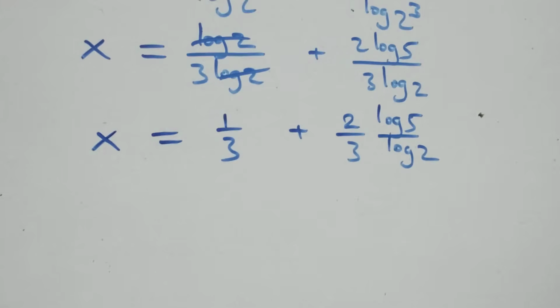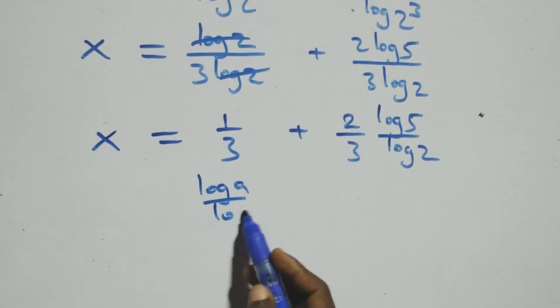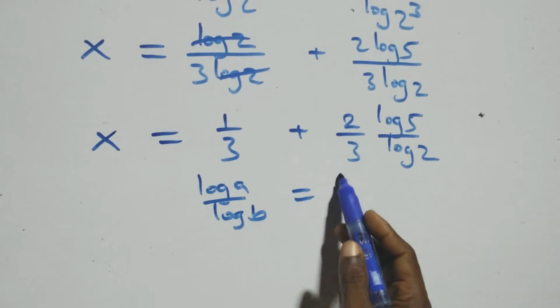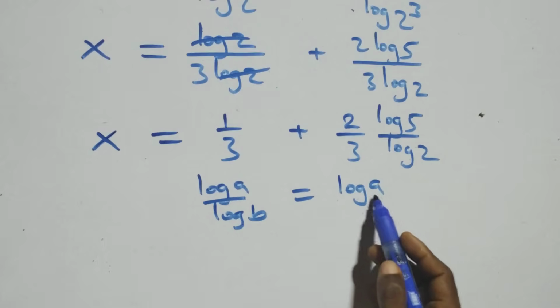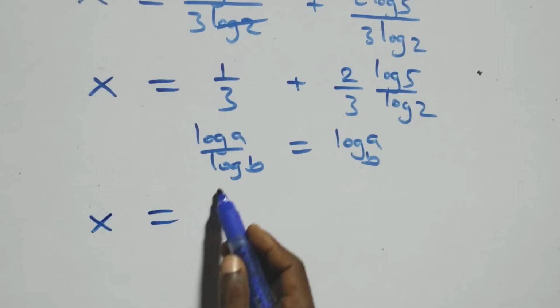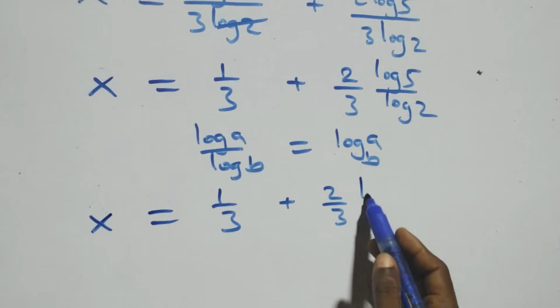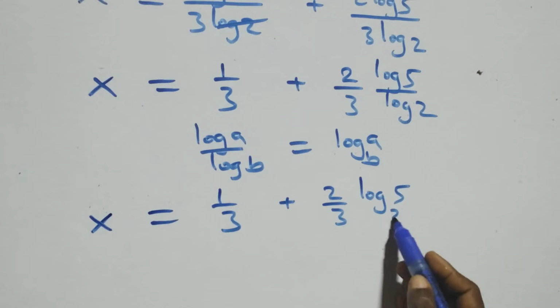Then we apply change of base: log a over log b is the same thing as log a to base b. That is, here we have x equals 1 over 3 plus 2 over 3 log 5 base 2.